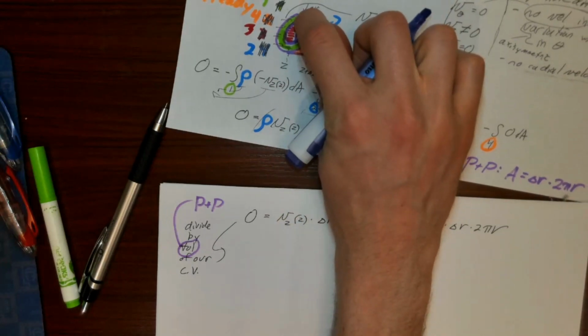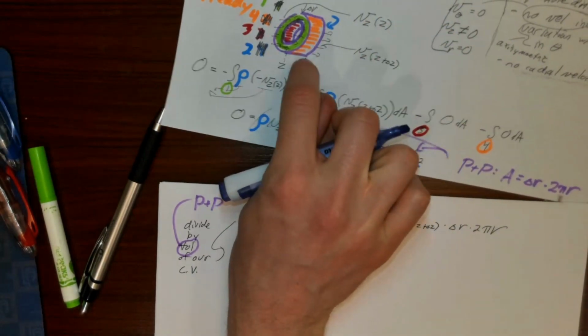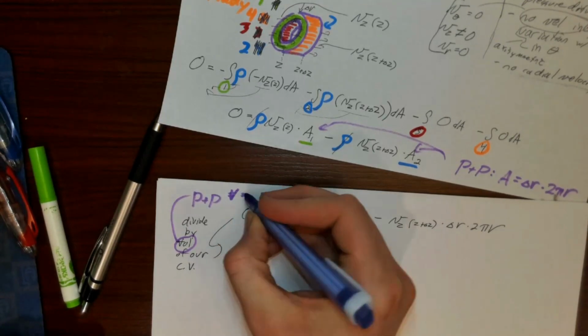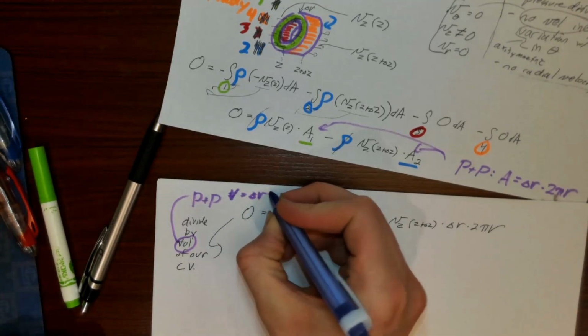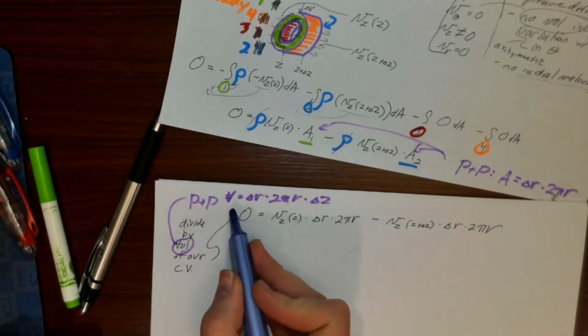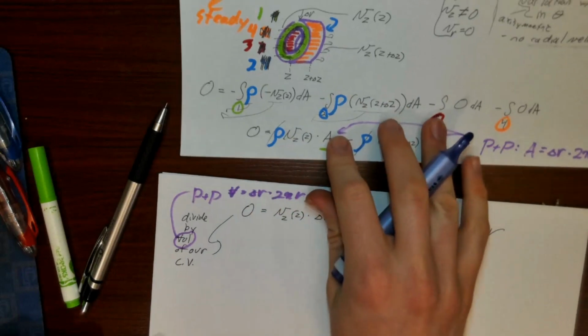Another dimension would be delta r, and another would be delta z. So the volume of the shell is equal to delta r times 2 pi r times delta z.